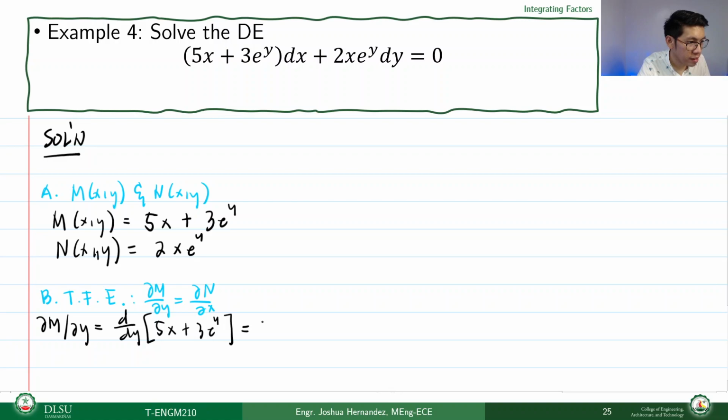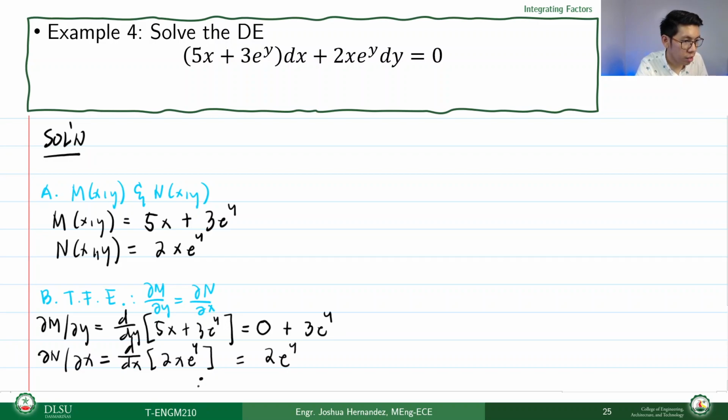So the derivative of a constant is 0 plus 3 e to the y will give us also 3 e to the y because e to the u du, right? How about the partial derivative of n with respect to x? It is actually the derivative with respect to x of 2x e to the y. So with respect to x, we have 2 e to the y. Now clearly from the two, our conclusion is that they are not exact.